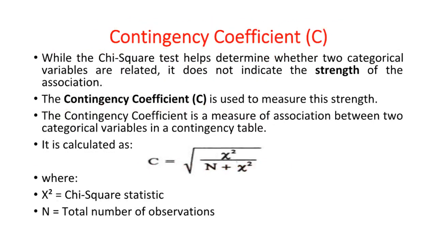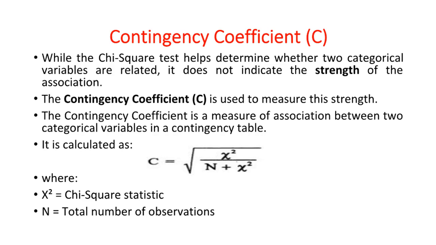Now let us understand contingency coefficient, C. While the chi-square test helps determine whether two categorical variables are related, it does not indicate the strength of the association. The contingency coefficient, C, is used to measure this strength.